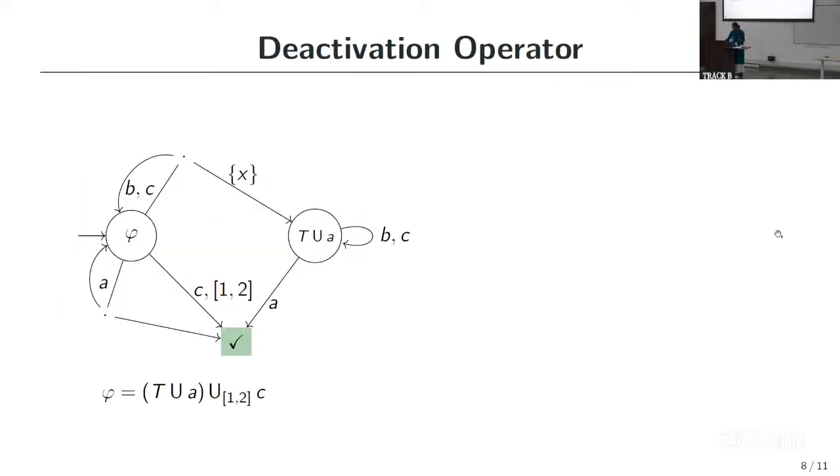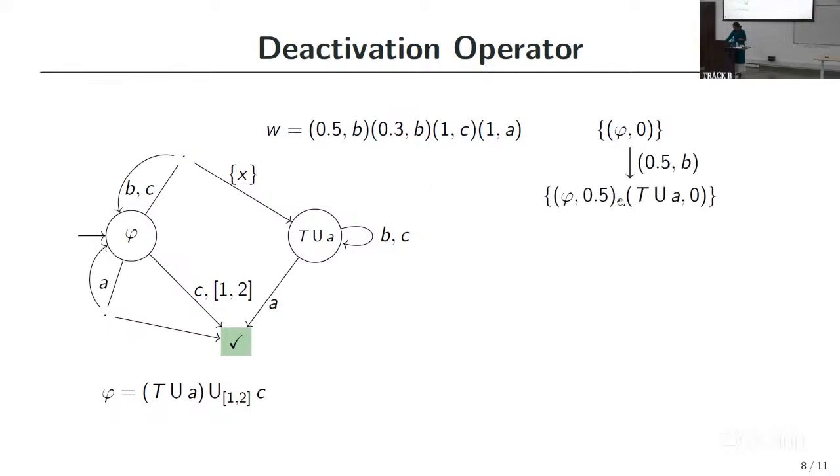So okay, firstly, the deactivation operator. The example is back again. This is the same automaton I went over. This time let's look at a run of this automaton for this word. It starts with the initial state phi, and then it reads a point phi and a b. It has two obligations.